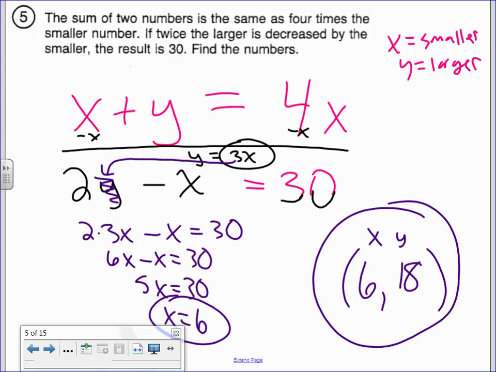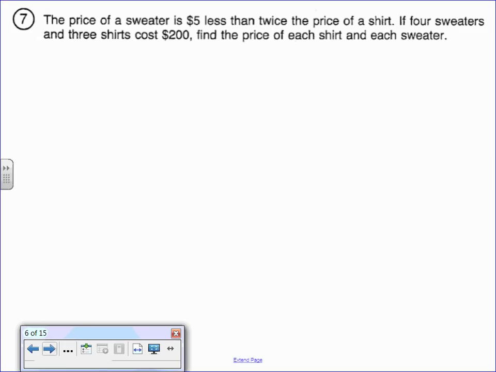All right, let's head to number 7. The last one we're going to do on the front. The price of a sweater is 5 less than the price of a shirt. I went ahead and decided I was going to use a W for sweater and an S for shirt. Just make sure your S's don't look like 5s and you write them very neatly. The price of a sweater is 5 less than twice the price of the shirt.